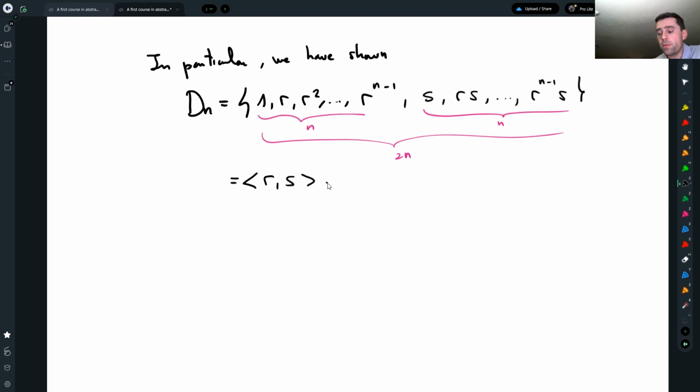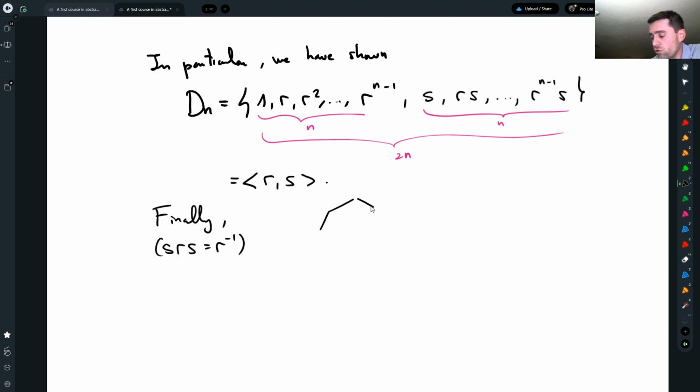One more property that we have to show is that s r s is equal to r inverse. So to do that, what I'm going to do is again draw what is happening when I do SRS and what happens when I do R inverse.